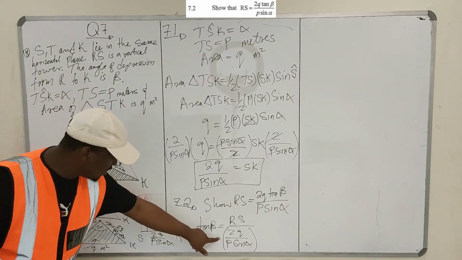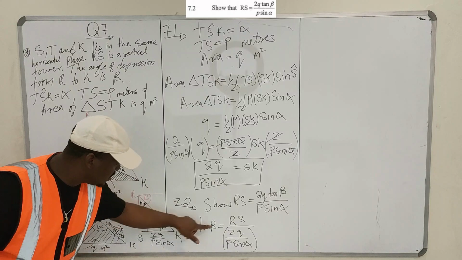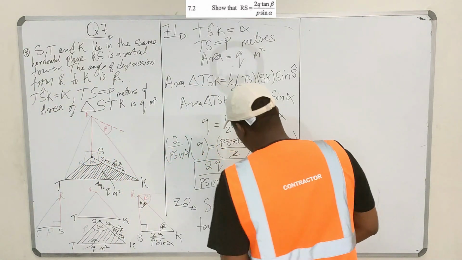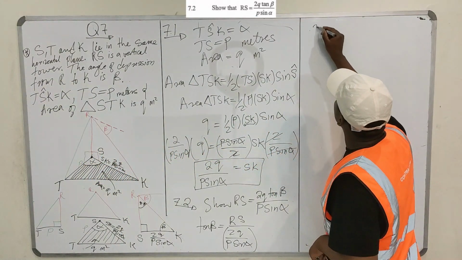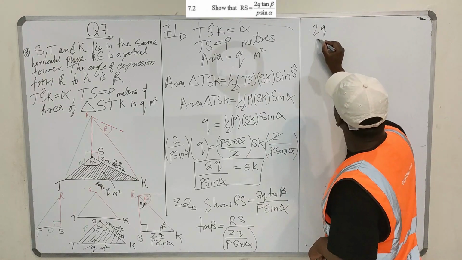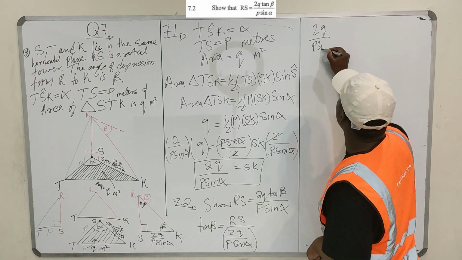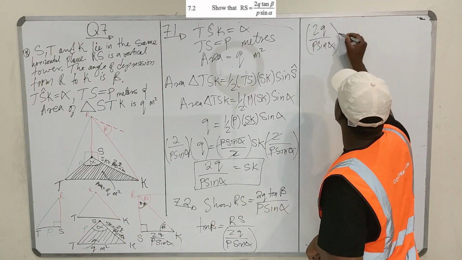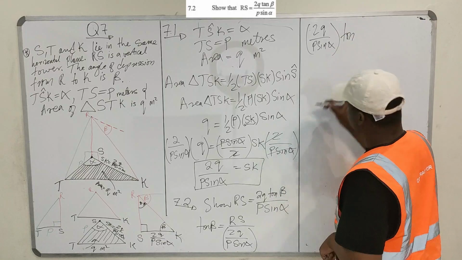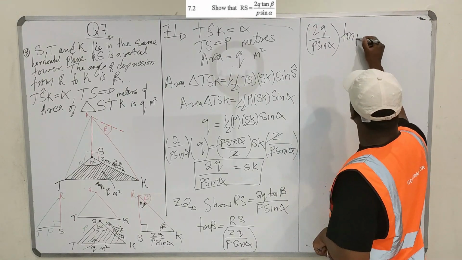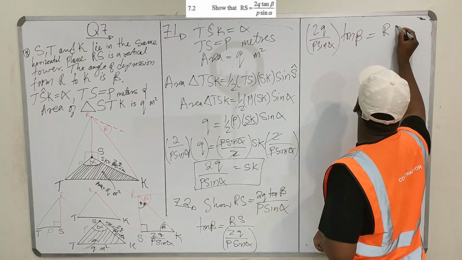Then what do you do? Cross multiply this: the numerator times this is equal to that. So we'll say now your 2Q over P sine alpha times tan beta is equal to RS.